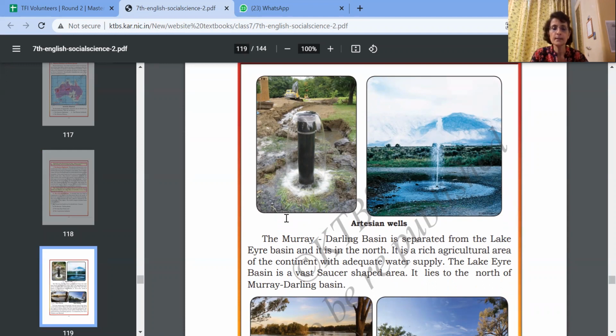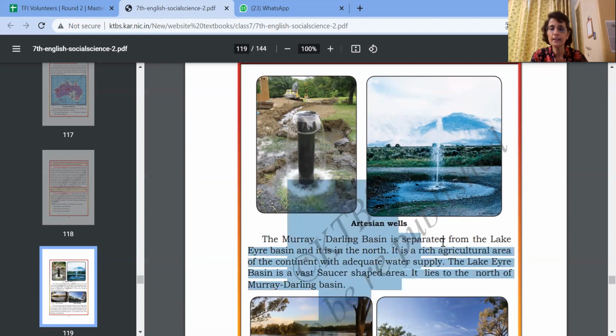So just mark this part. The Murray-Darling Basin is separated from the Lake Eyre Basin, and it is in the north.